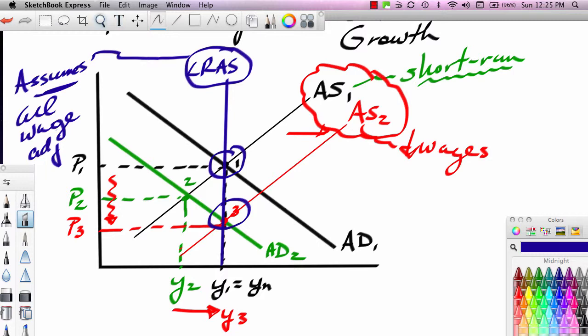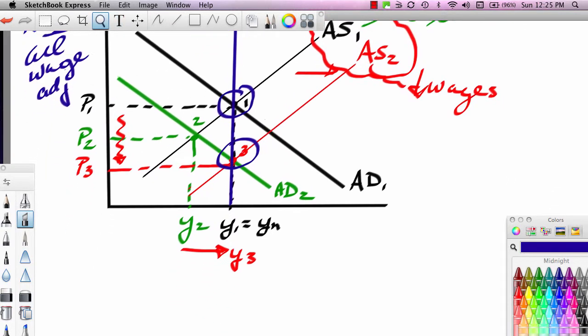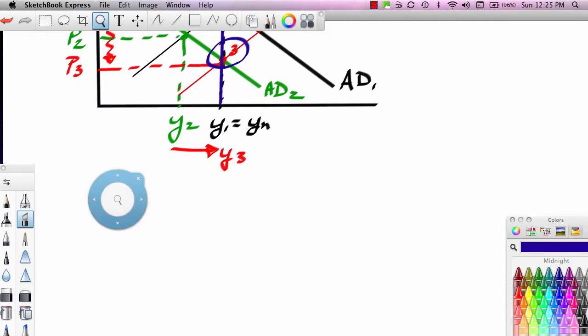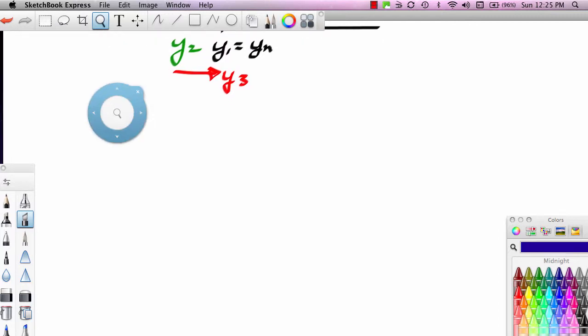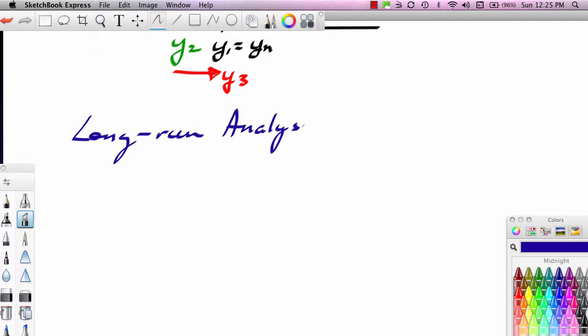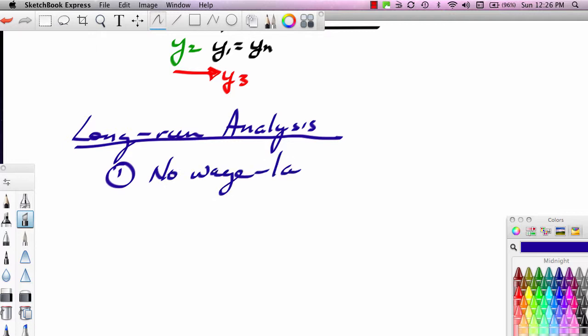Let me go ahead and scroll down and I'll write these things down for you. In long run analysis, you assume some things. One, you assume that there is no wage lag effect. In other words, wages are not lagging prices.